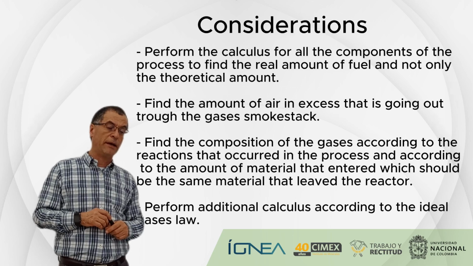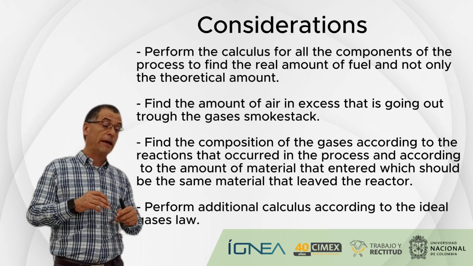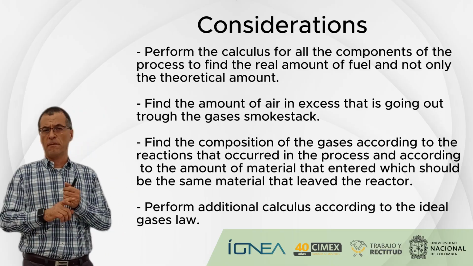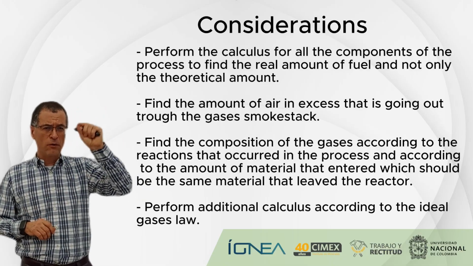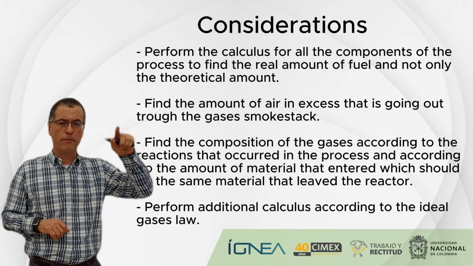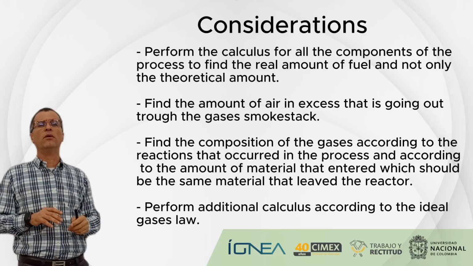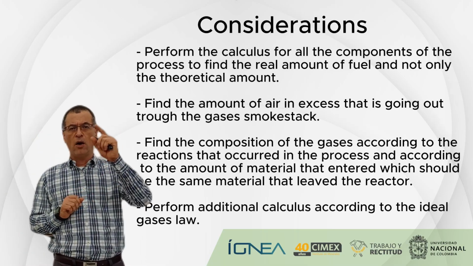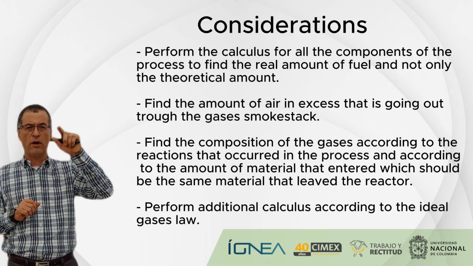And about the units of the constant of the gases, we could use atmospheres times liters divided by Kelvin times mole. Okay, this is very common. And then the value of the constant is 0.082.